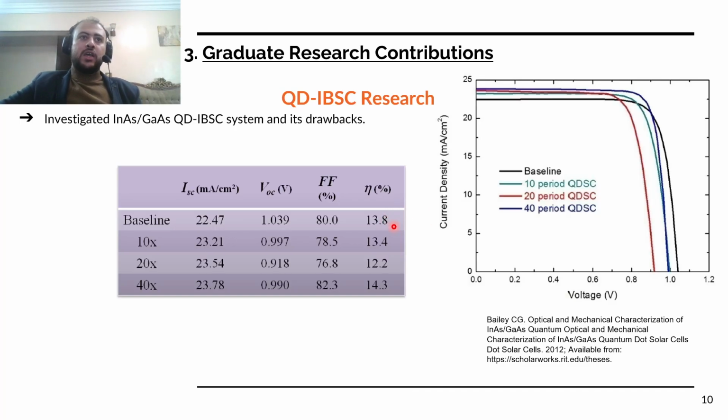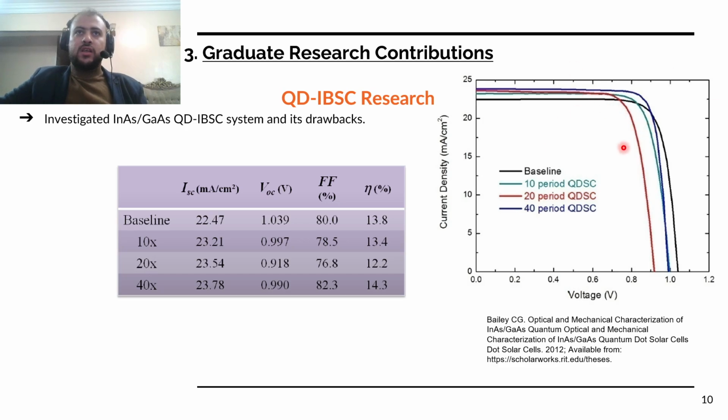It first starts with dropping conversion efficiency, and we only start seeing an enhancement in conversion efficiency at very large quantum dot numbers. And here by quantum dots we mean quantum dot layers.